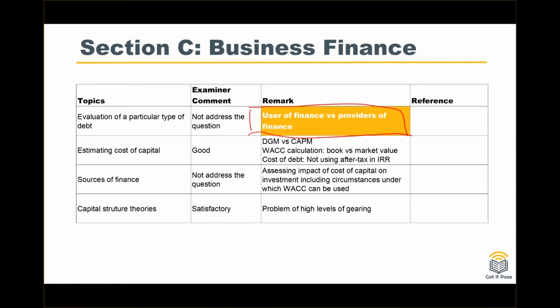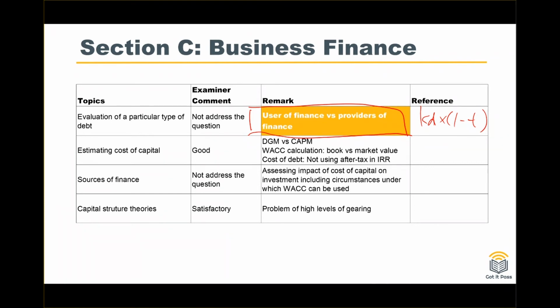using the finance. For the cost of debt calculation, it has a sheet. So write down the simple formula in the reference box: cost of debt times 1 minus T, because you have the debt and the gearing yourself.